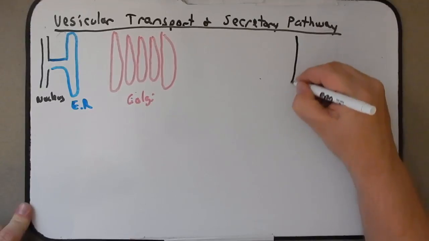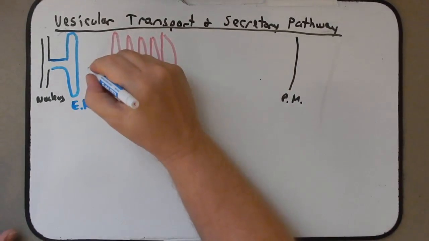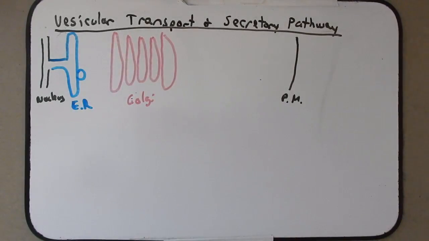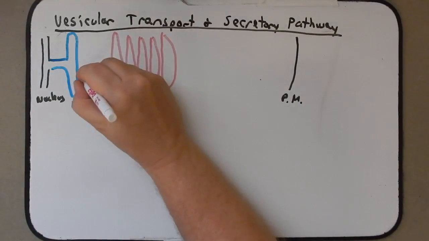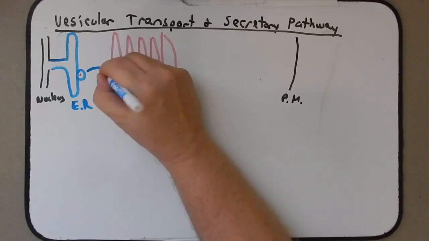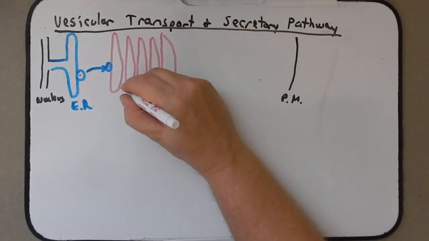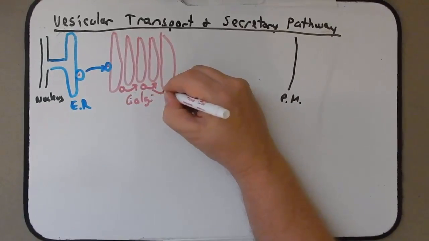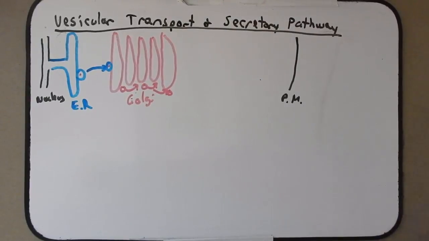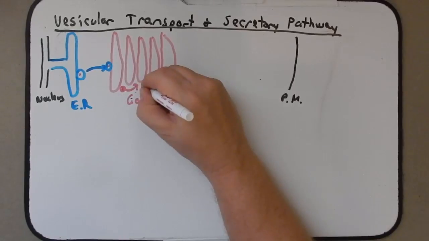So let's draw the plasma membrane over here. I'm just going to put PM for plasma membrane. And so a protein that needs to go from the ER, I'll just make a little dot in there for the protein, will fuse with the Golgi, and then the Golgi will move that protein in vesicles all the way through the Golgi. And it'll go through each of these stacks.